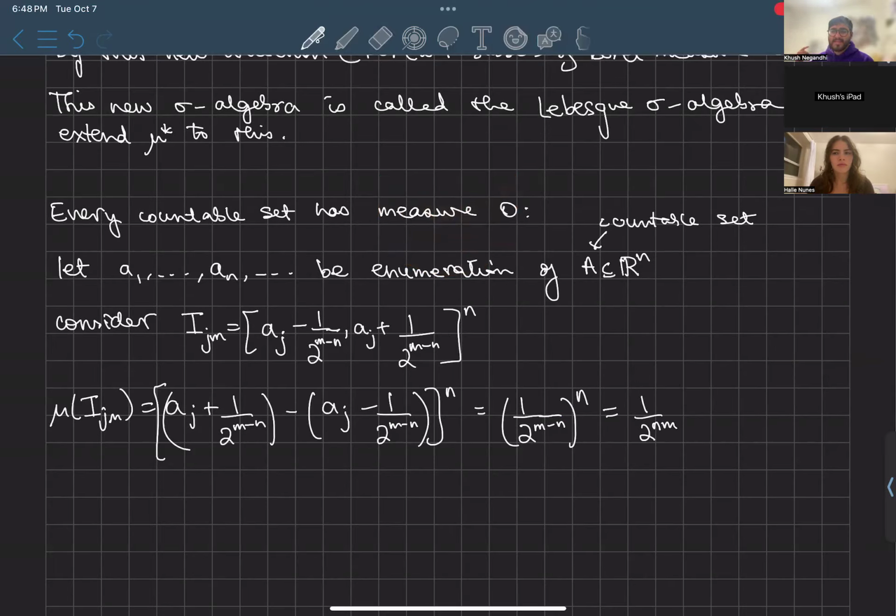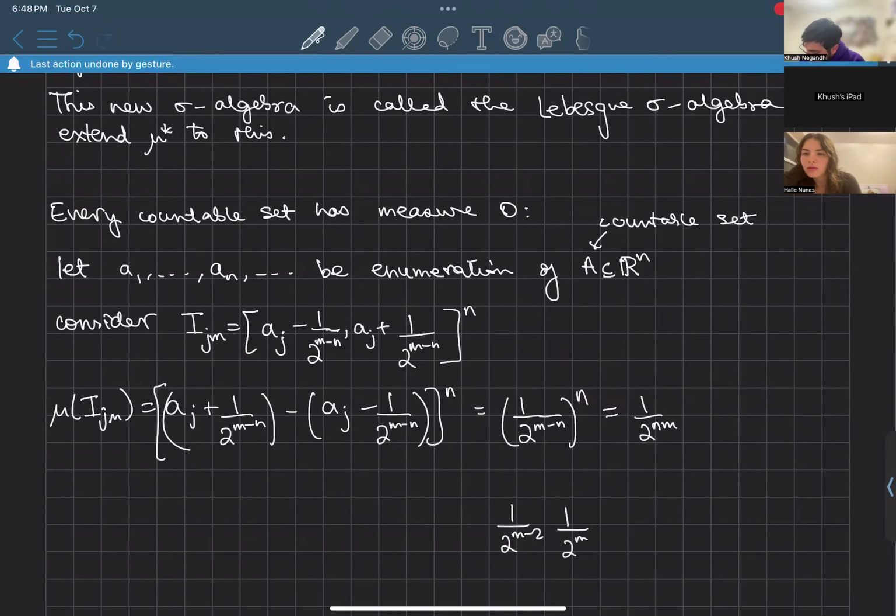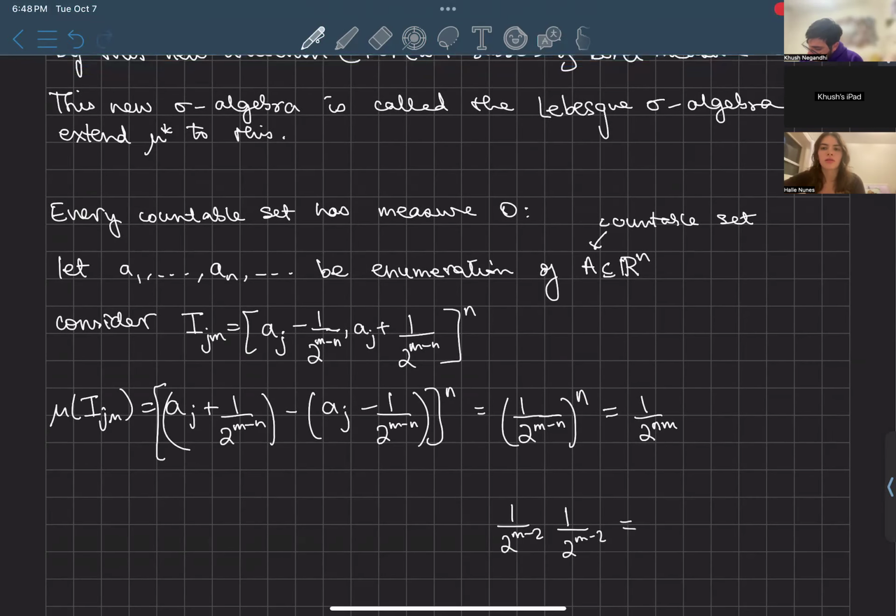I think I get something like this. If I do the m equals 2 case, I have m minus 2 times 1 over m minus 2, which gets me 1 over 2 to the, oh no, you don't. Sorry. This is wrong.